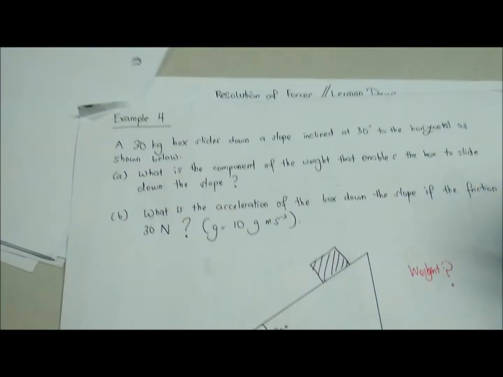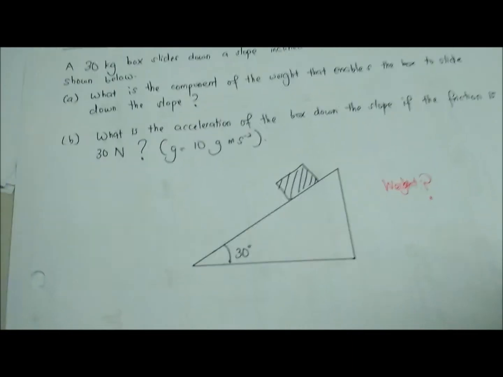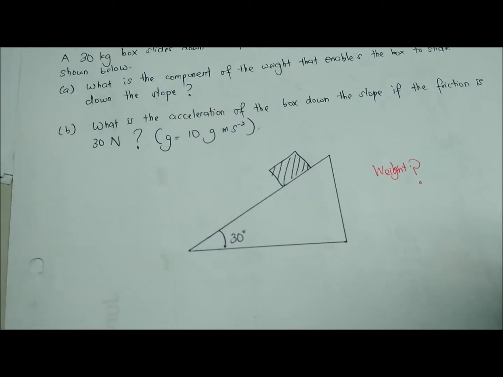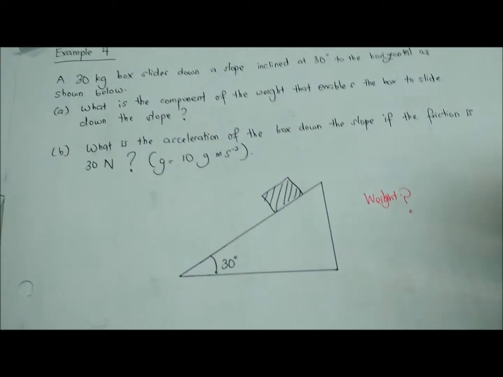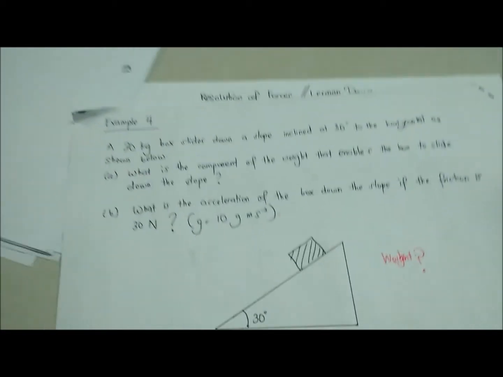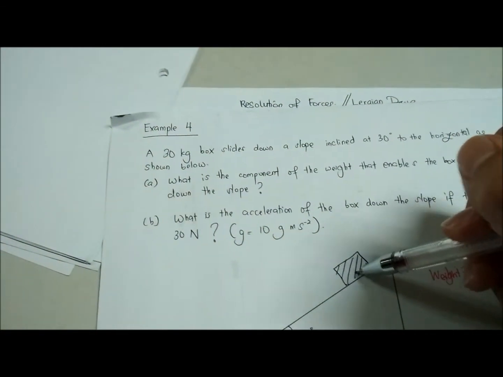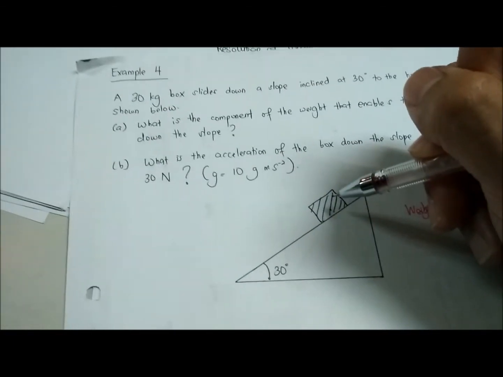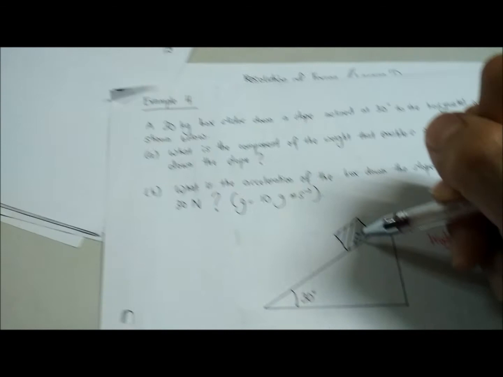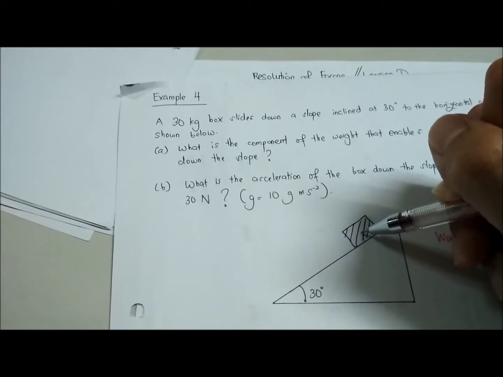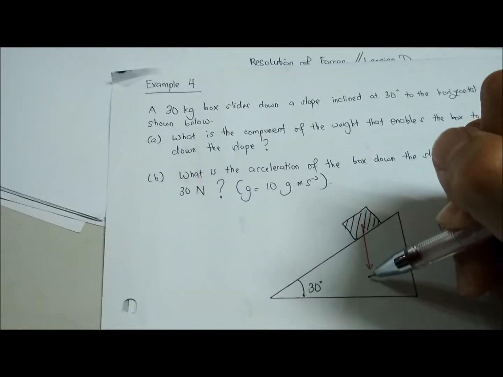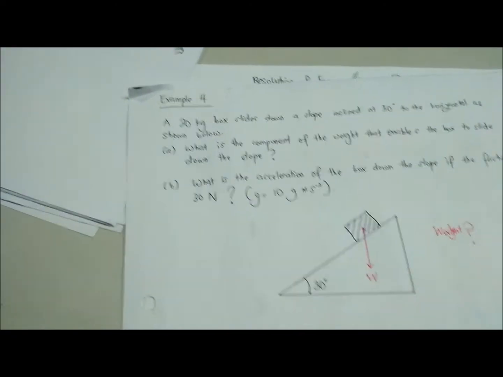But where does the weight act on the box? Here's the box, so the weight always goes straight downward. So weight is like this.